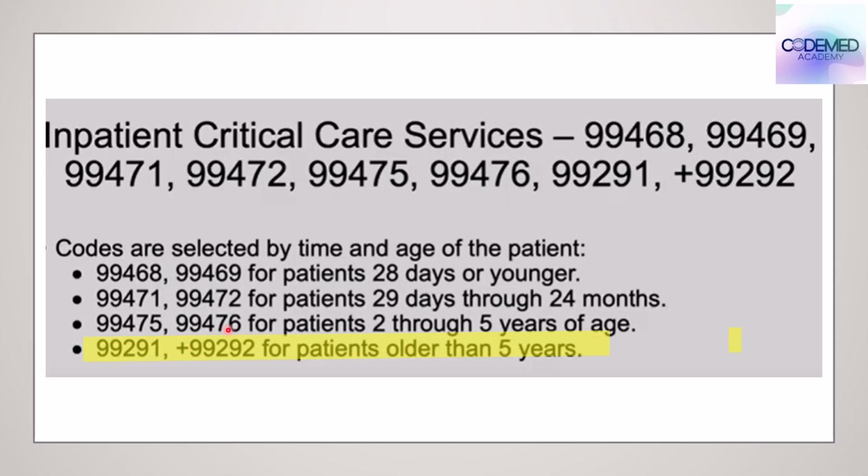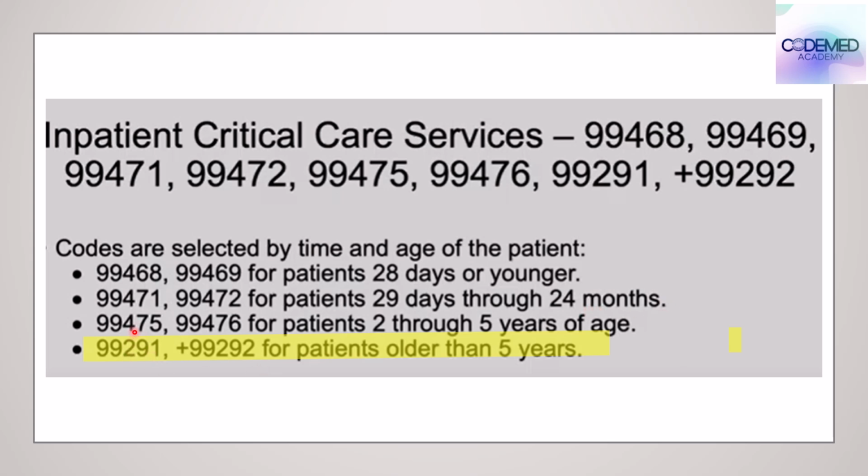So let us have a quick recap. The inpatient critical care service codes, 468 and 469, are for patients 28 days or younger, and in that the first code is for the initial and the second code is for the subsequent. 471 and 472, the age criteria is 29 days through 24 months, that means 2 years.